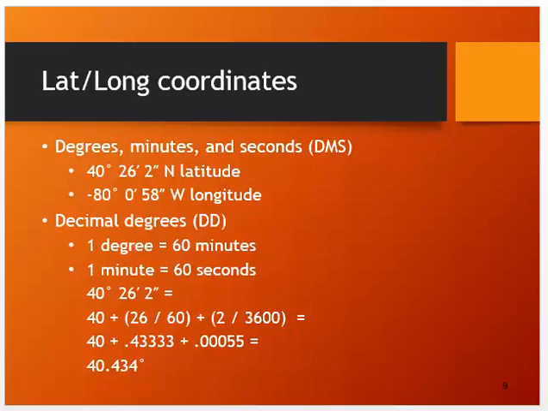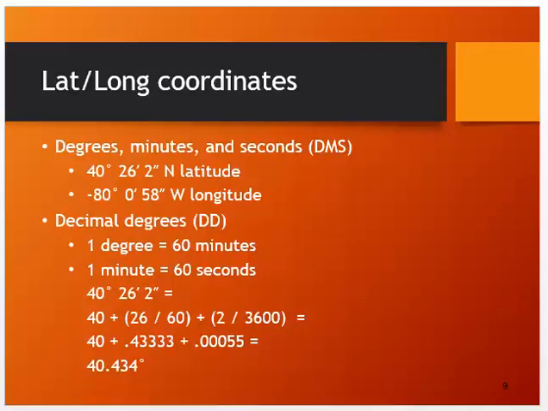So you'll see latitude and longitude sometimes defined as degrees, minutes, and seconds. 40 degrees, 26 minutes, 2 seconds north by minus 80 degrees, 0 minutes, 58 seconds. The conversion is that there are 60 minutes in a degree and 60 seconds in a minute, or 3600 seconds in 1 degree.